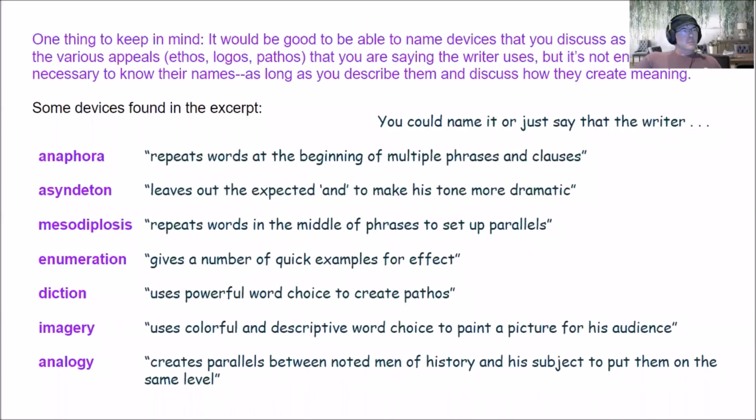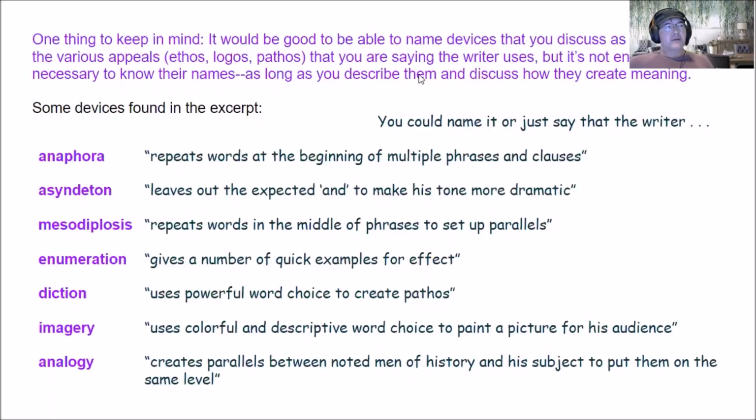Okay, one thing I'd like to note before we go into how to write a perfect introduction for this kind of essay. Keep in mind that you are expected to be able to discuss how the author uses language to convey meaning. And that could involve using the names for various schemes and tropes, rhetorical devices, figures of speech that you find in the work.